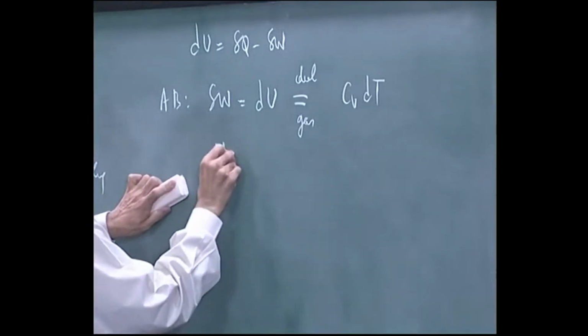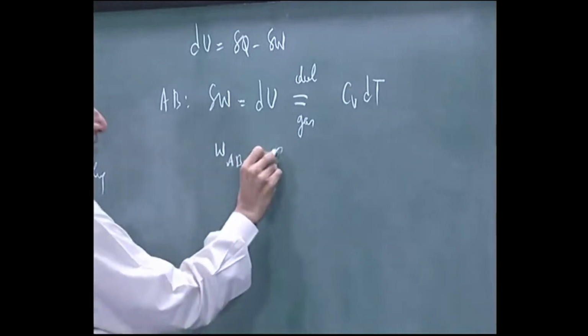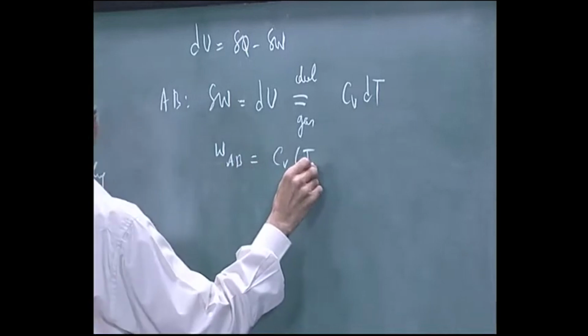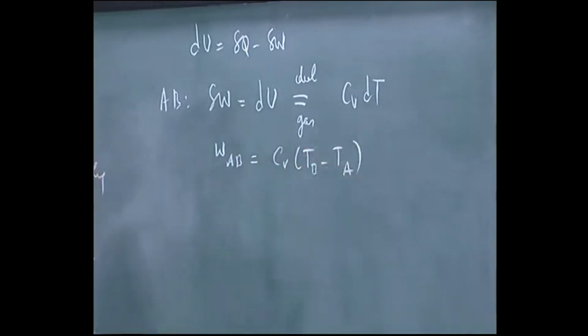So I can integrate this, WAB is simply Cv into TB minus TA. See, if Cv is constant, you use an average value of Cv, otherwise it's strictly a function of temperature, but for all practical purposes in engineering we use average values of Cv to do the integration.